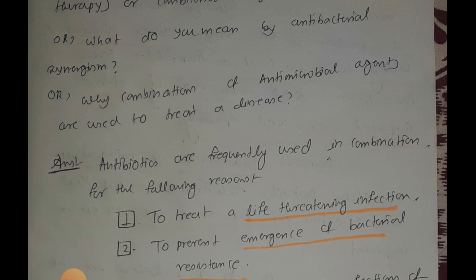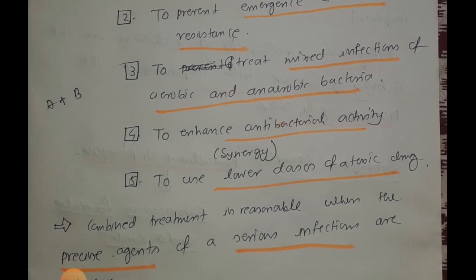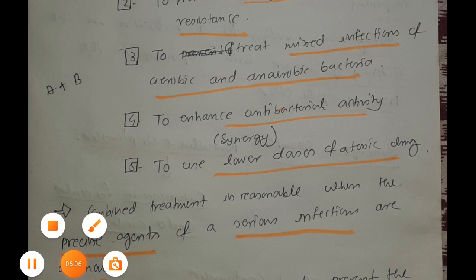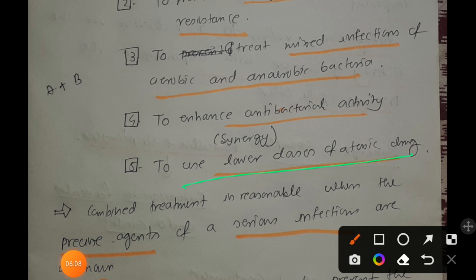They will prevent the emergence of bacterial resistance. Sometimes they will increase their antibacterial activity, that is our synergism. Sometimes when we use a mixture of antibiotics, we have to use a low toxic dose of drugs, right?